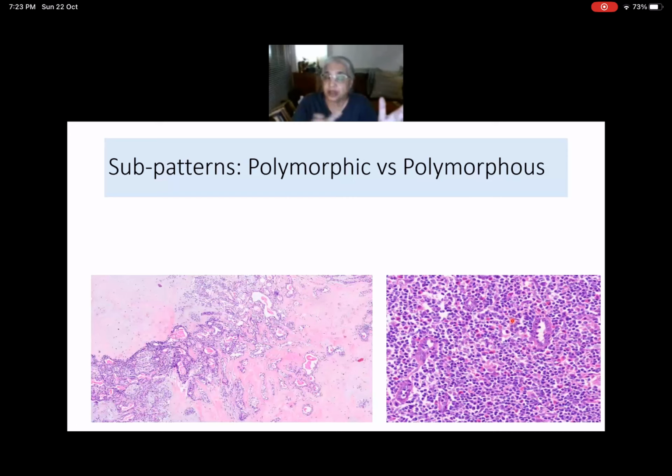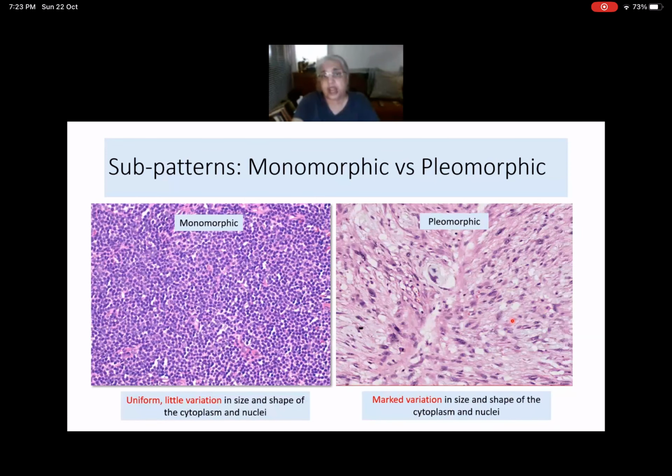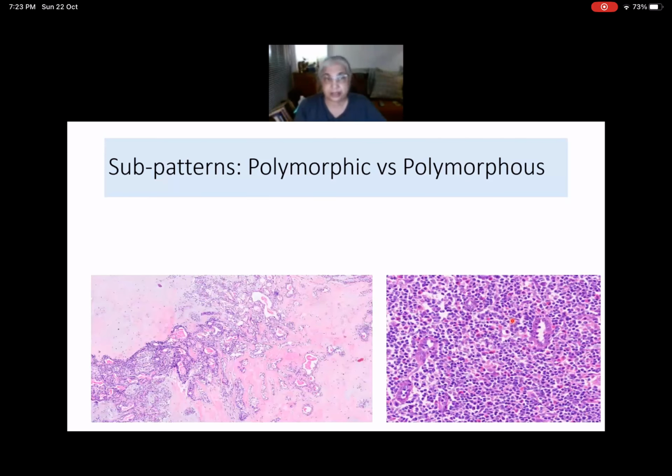pleomorphic. It's very different from the way that we use pleomorphic when we have the tumor I showed you before. That is pleomorphic. Big, giant cells, intermediate size cells. You've got marked anisocytosis of the nuclei, also the shape of the nuclei, etc. So that is pleomorphic, and polymorphic means multiple different patterns in tissues.